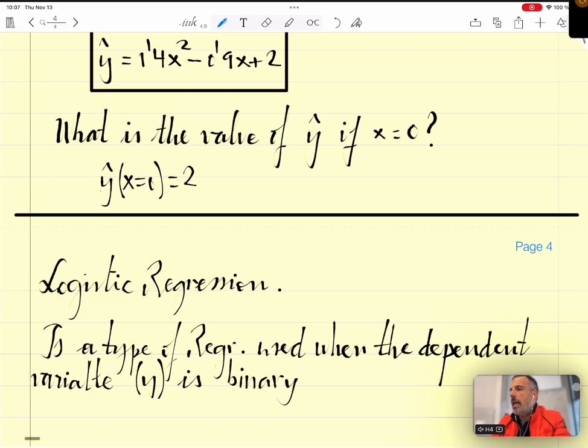Highlight this, okay? This is important. True or false, black and white, yes or no, whatever.